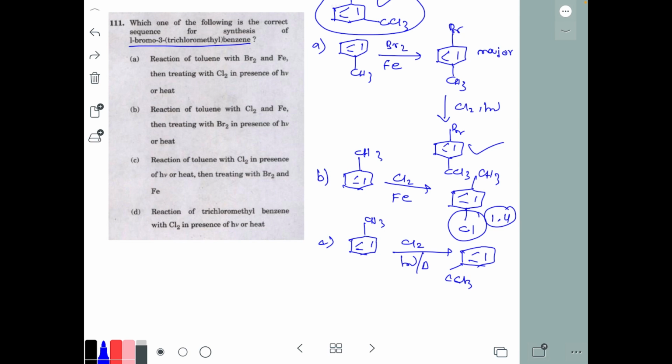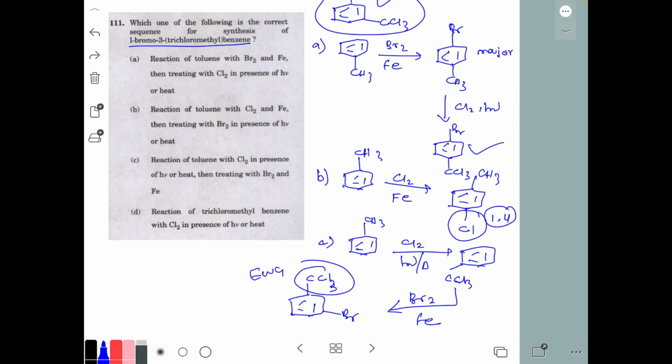If we treat this molecule further with bromine in presence of iron, we will have the meta-bromo product, because CCl3 is an electron withdrawing group that will do meta direction.